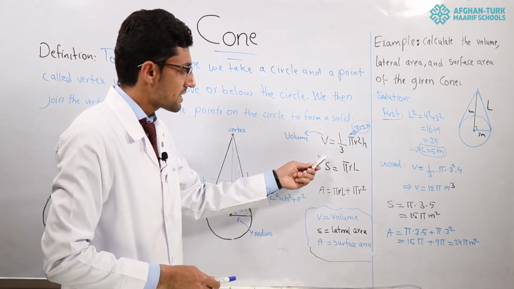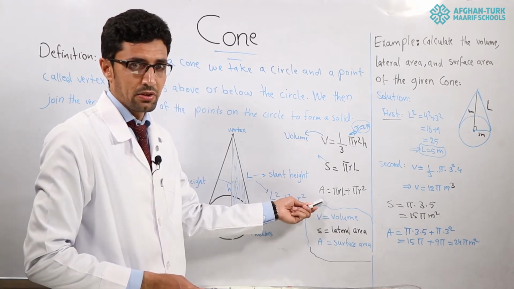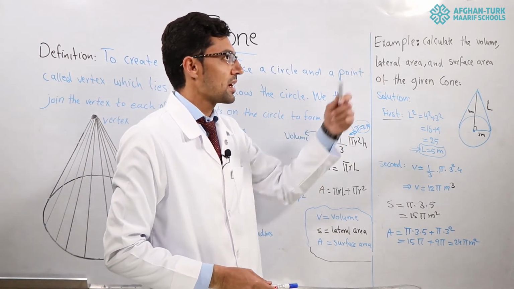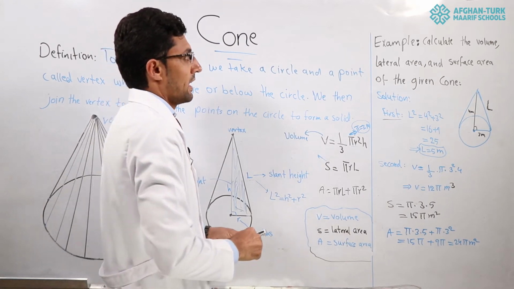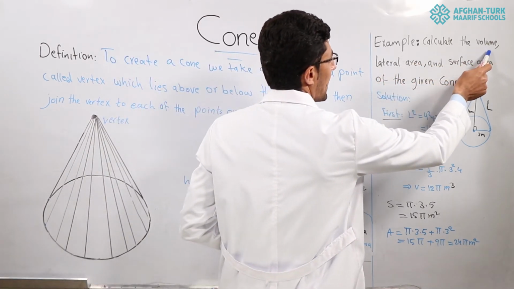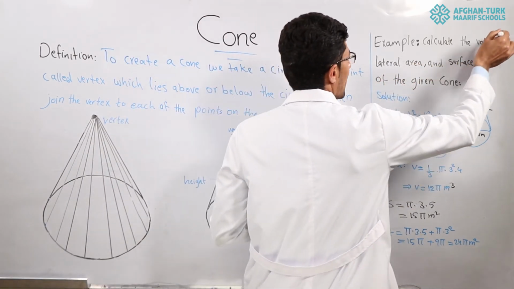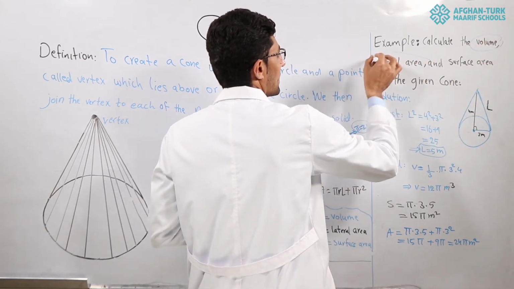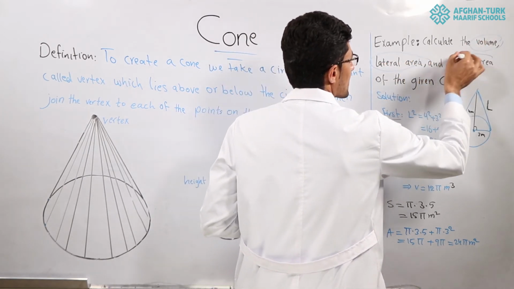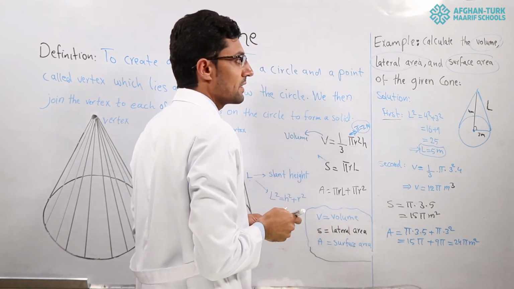In order to understand these three formulas, it is better to do one example. Example: calculate the volume, lateral area, and surface area of the given cone.